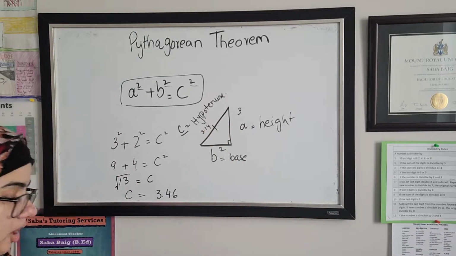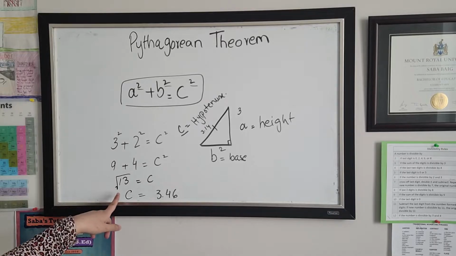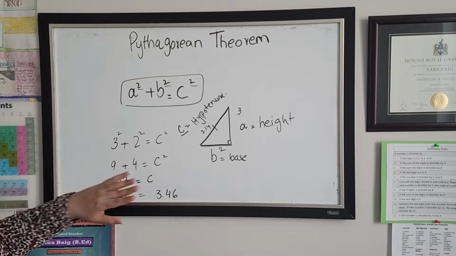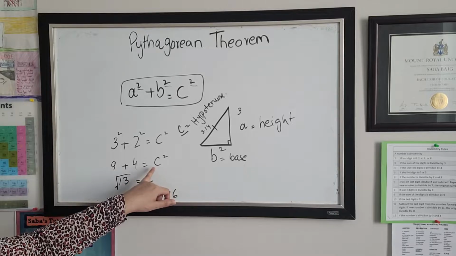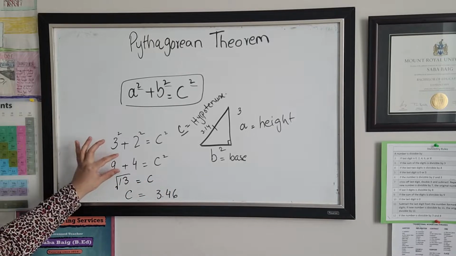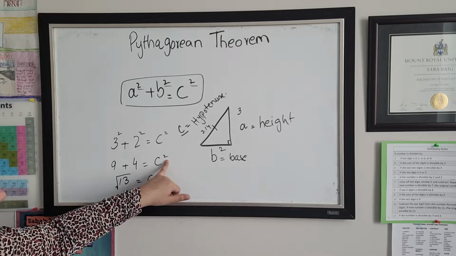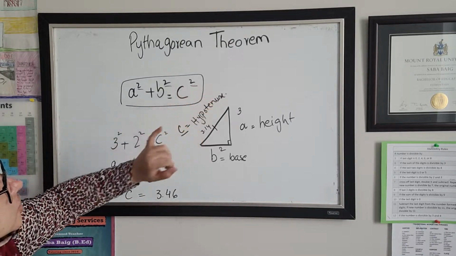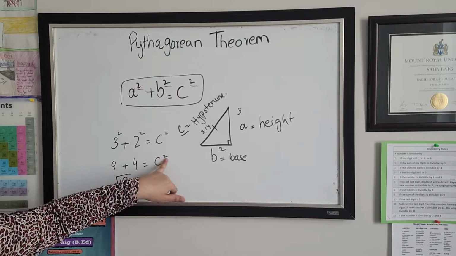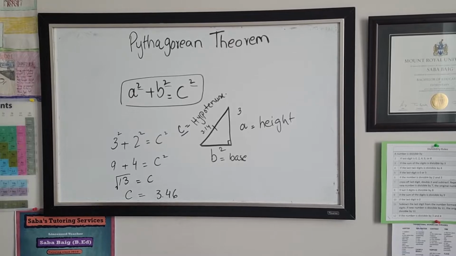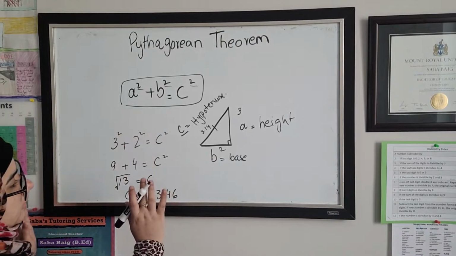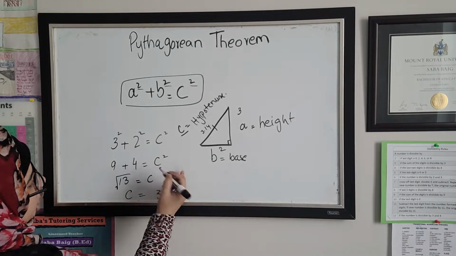Okay. Now, you're probably questioning why I'm doing the square root. The reason is, I told you in the beginning, the answer you get, like 9 plus 4, is equal to c squared. But this side is just C, right? In order to get rid of the square, we always do the opposite operation. So you can do the square root on both sides.